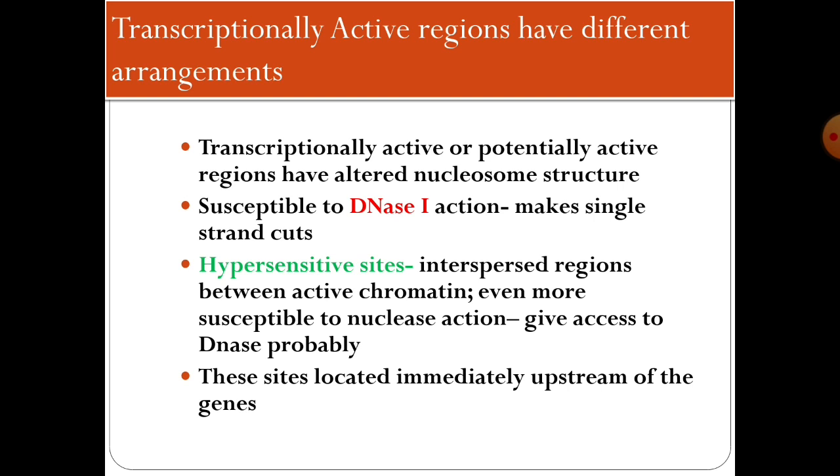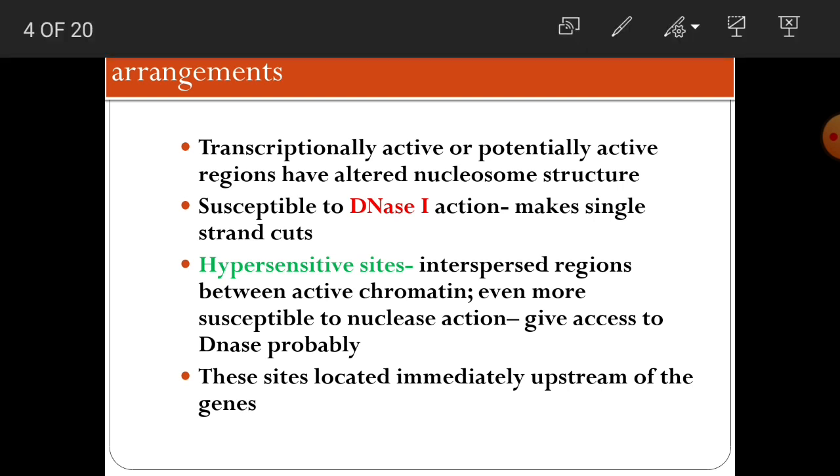So, this transcription does not occur in the entire DNA, it will take place sparsely at certain places, and how much is the gene content actually, which are the expressed regions, that you will see in the subsequent slides. So, these transcriptionally active regions have some altered nucleosome structure, which are very susceptible to DNase action.